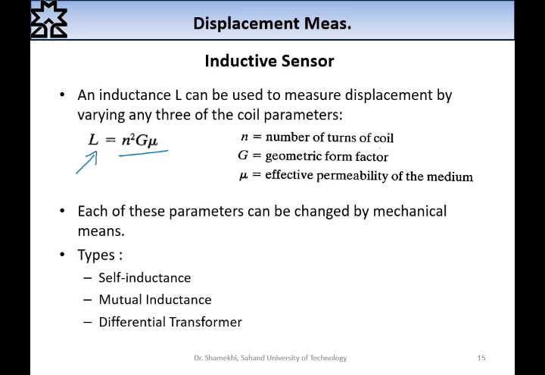All these parameters can be used to fabricate a sensor based on inductance. But changing the number of turns of the coil is not an available method. But the geometric form factor and the effective permeability of the medium are two parameters which are available to build a good sensor.